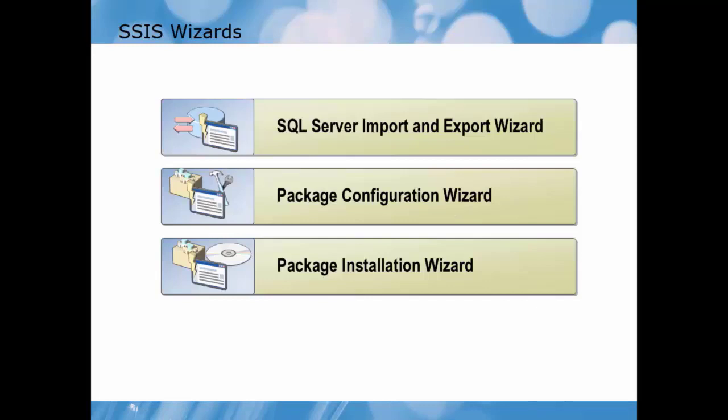So we can use some kind of configuration files or configuration tables. And we also have the package installation wizard. This we will be using while we are deploying our SSIS packages to the SQL Server database. So let's go ahead and try to create our very first SSIS package with the help of the import-export wizard.